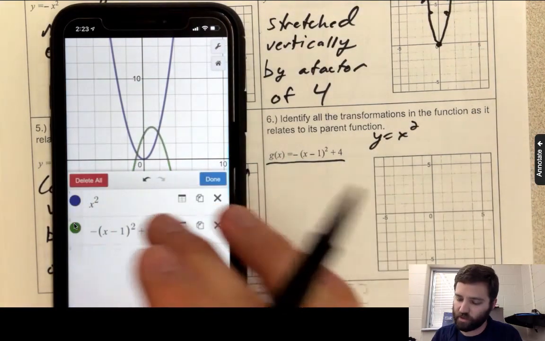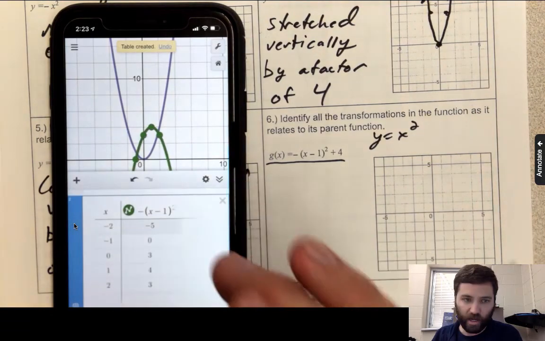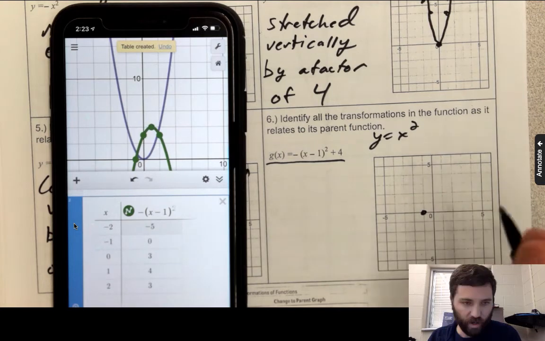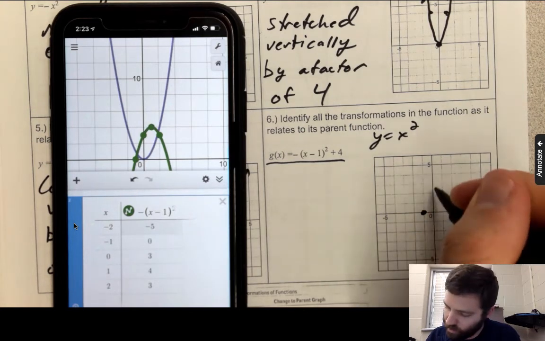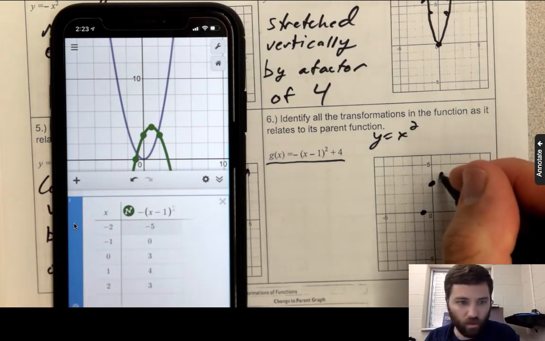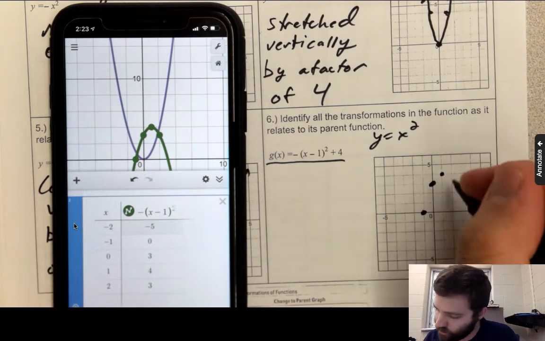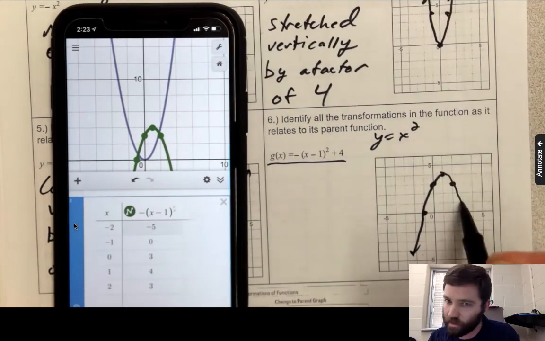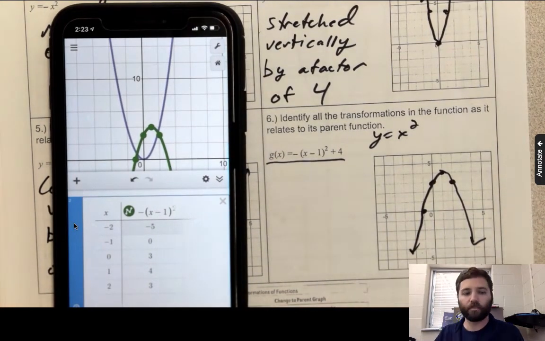So we'll plot some points and then we'll describe this in words. So we've got (-1, 0). We've got (0, 3). We have (1, 4). And then we have (2, 3). And you can see that that pretty much gets you what you need to sketch it as it flips down.